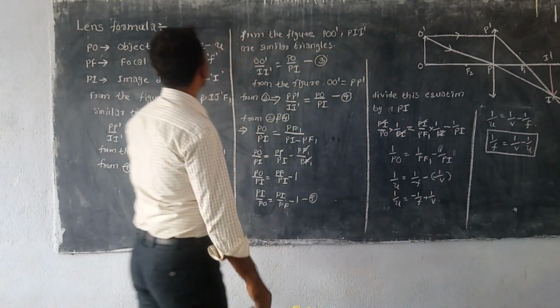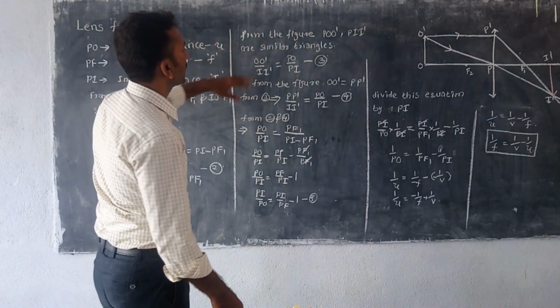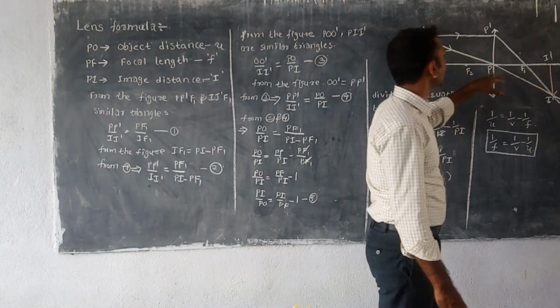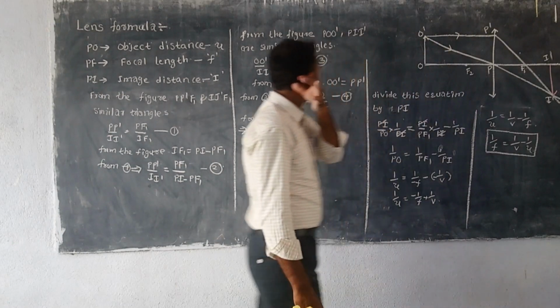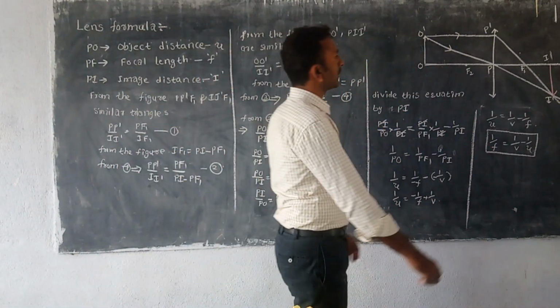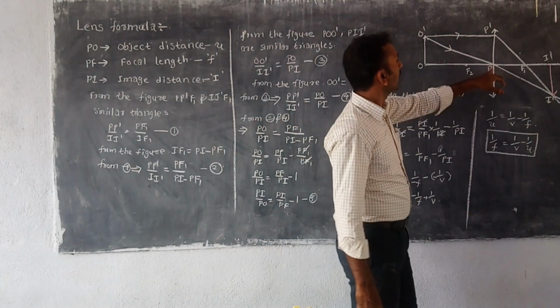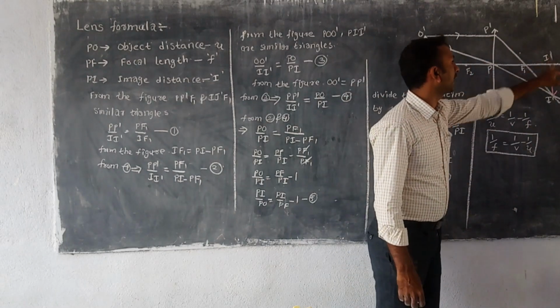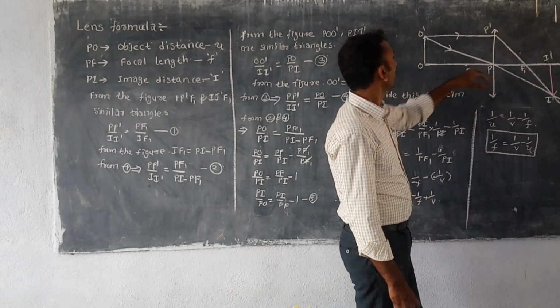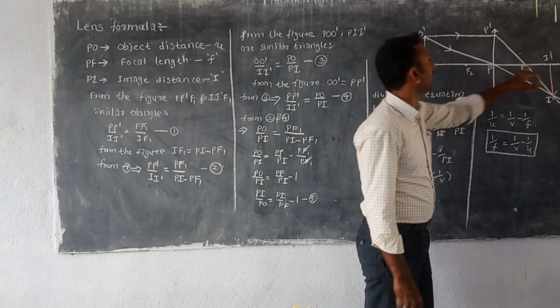From the picture, PO is object distance, PI is image distance, and PF1 is focal length. From the figure we can identify some similar triangles. What are those? P dash F1 and I dash F1 is one set of similar triangles, and another is PO dash and PI dash.